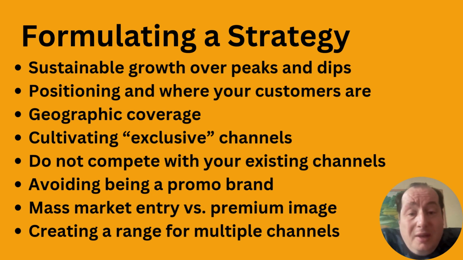Do they have kids in your profile, basically? So these are all identifiers where you can say, hey, this is the channel that I need to access this customer. So the positioning is key here, and then looking at where these customers are and where they're going, where they're shopping, to be there.